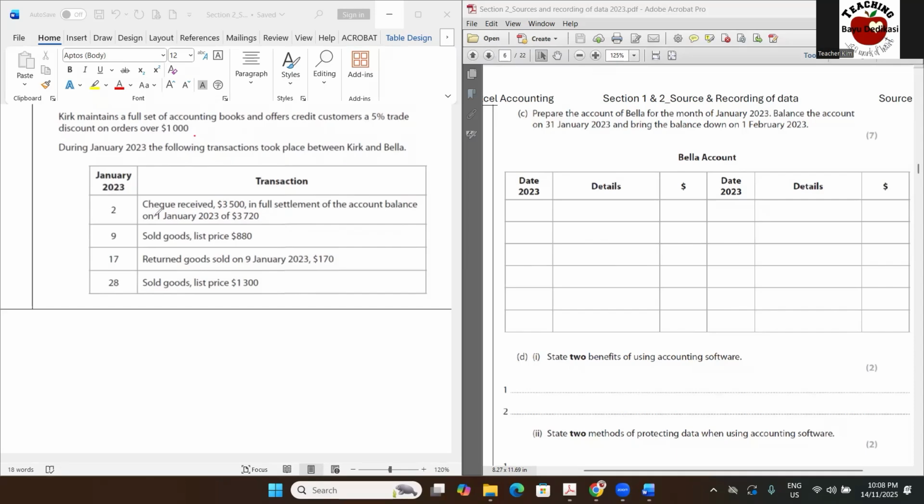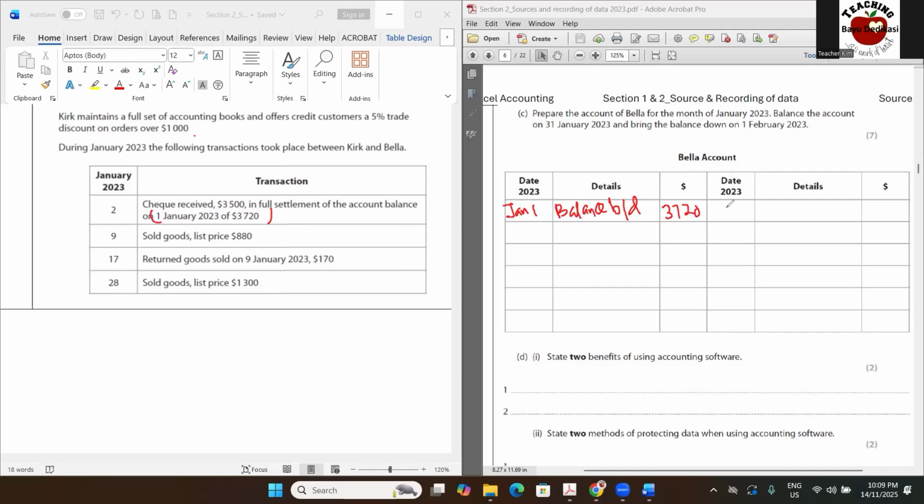So here, January 2, they say that a check was received, 3,500 in full settlement of the account balance. So that means there is an opening balance of 3720. So 2023, January 1st, balance brought down, which the amount is 3720. And this is the payment received from Bella.